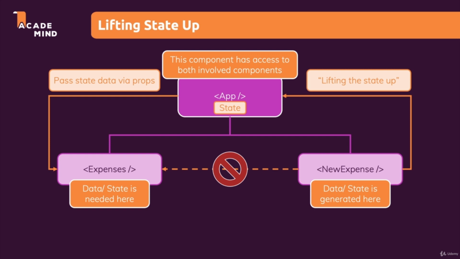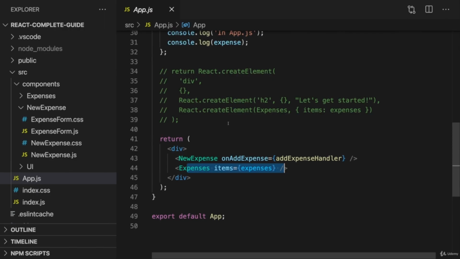You will hear the term lifting the state up quite a bit when you're working with React, also later in the course. And whenever you hear that, it is about moving data from a child component to some parent component to either use it there or to then pass it down to some other child component. And as a side note, this does not just work if you have the app component which interacts with two direct child components.